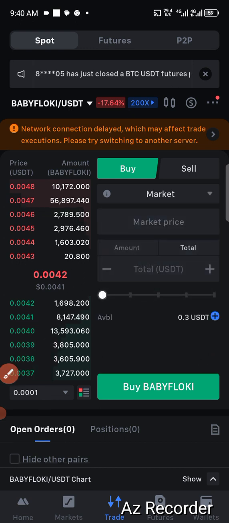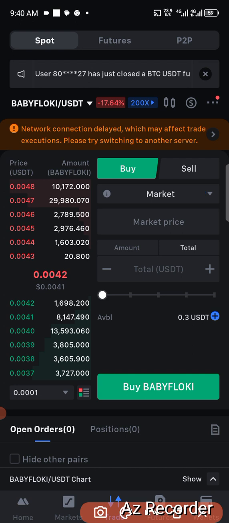If it's on the market, it means that you are buying at the current market price, which is 0.0042. That is the current price of the market of this particular coin.